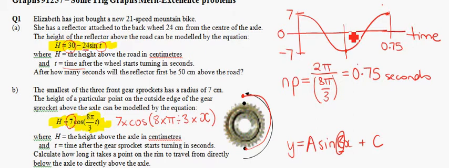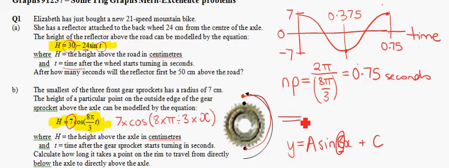Clearly, if this is 0.75, then this x value here will be halfway between 0 and 0.75. And on the calculator, 0.75 divided by 2, we get a value of 0.375. So from here to here is 0.375, and from here to here is 0.375.